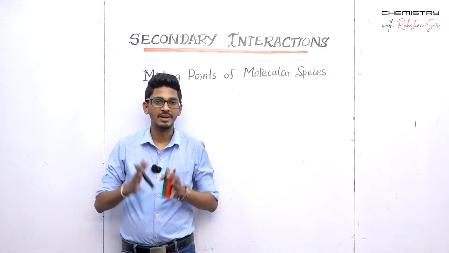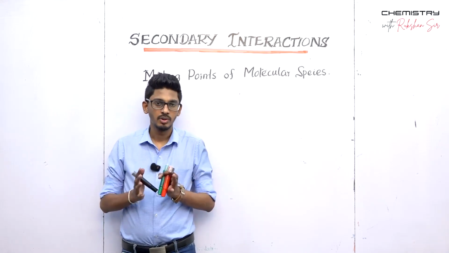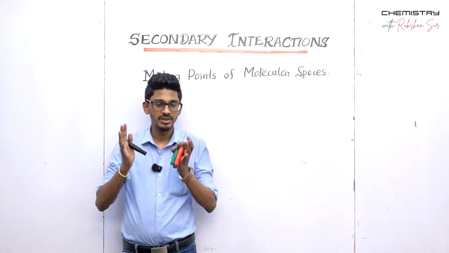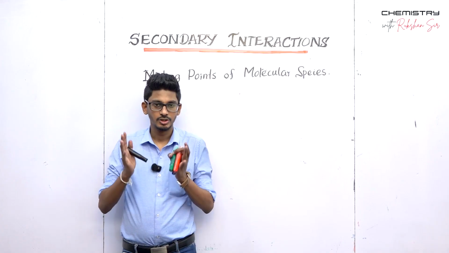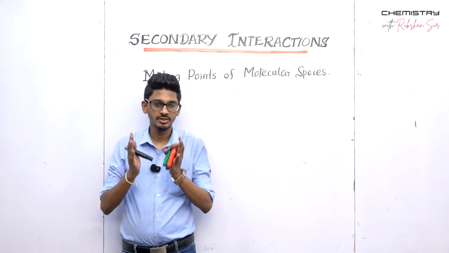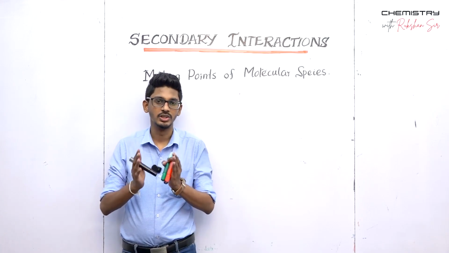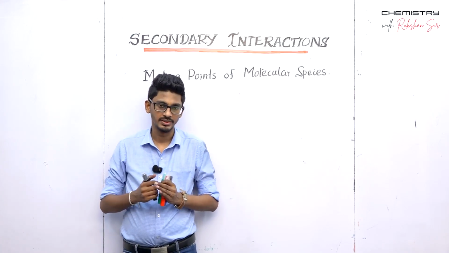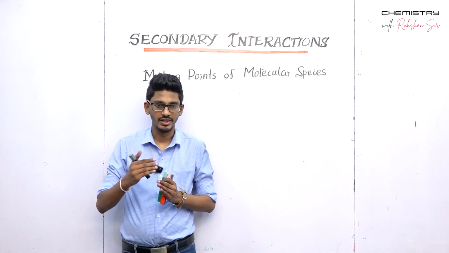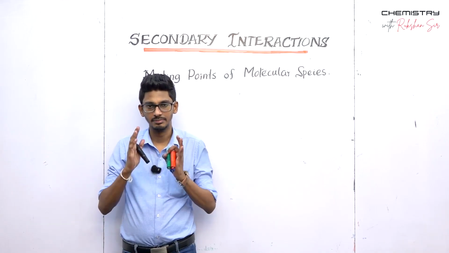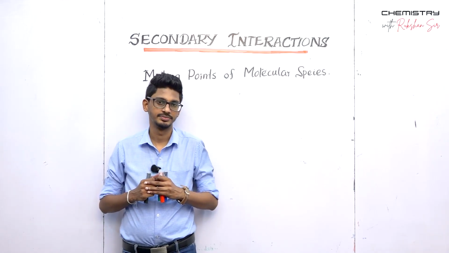Melting point is actually the temperature needed to convert a solid to a liquid. To convert a solid to a liquid, the temperature needed to supply is known as the melting point. That is the simplest definition for the melting point.